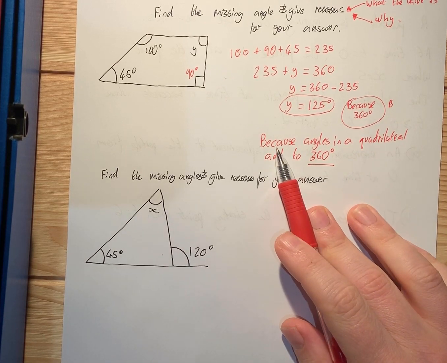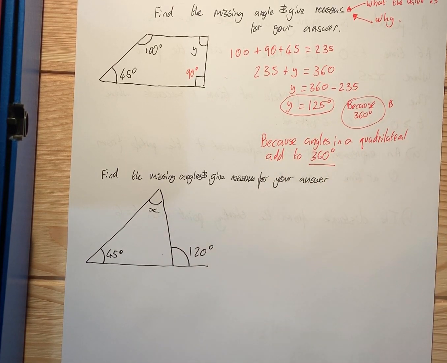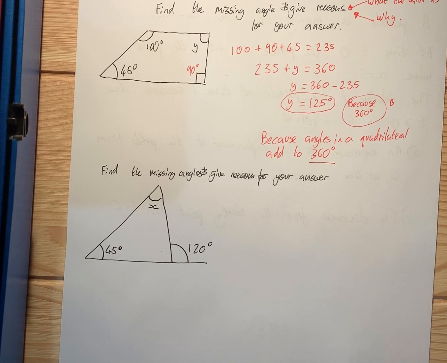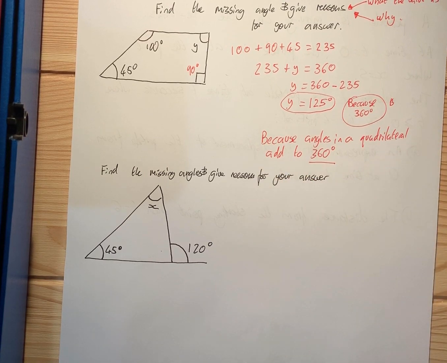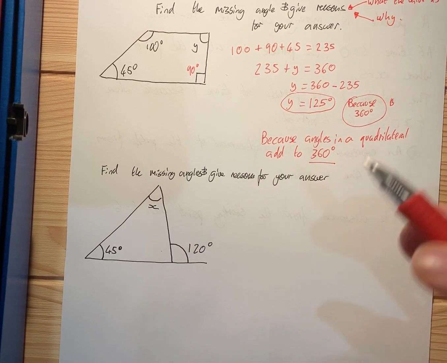Why they add to it: because it's angles in a quadrilateral that add to 360 degrees. It might be because angles in a triangle add to 180 degrees. You have to say angles in a triangle and 180 degrees. Or because corresponding angles are the same. You have to say corresponding angles and the same.